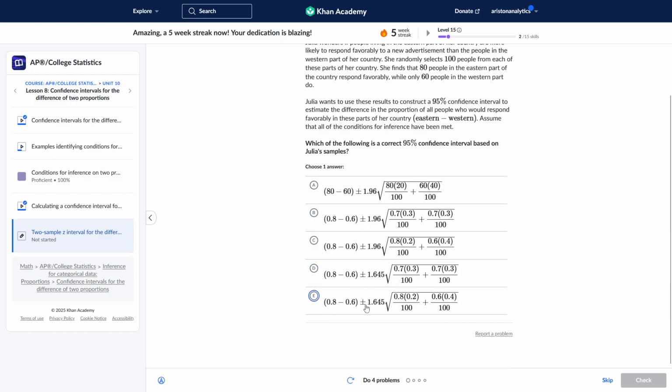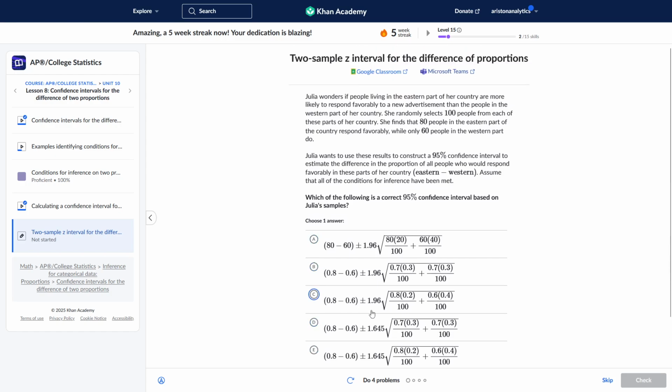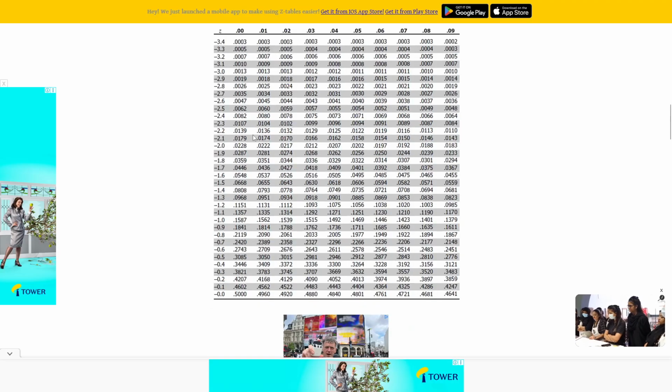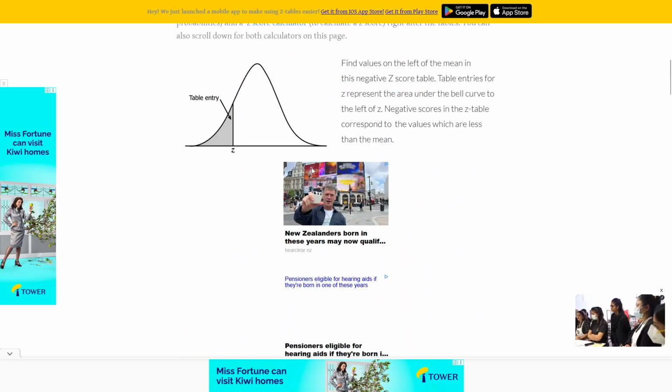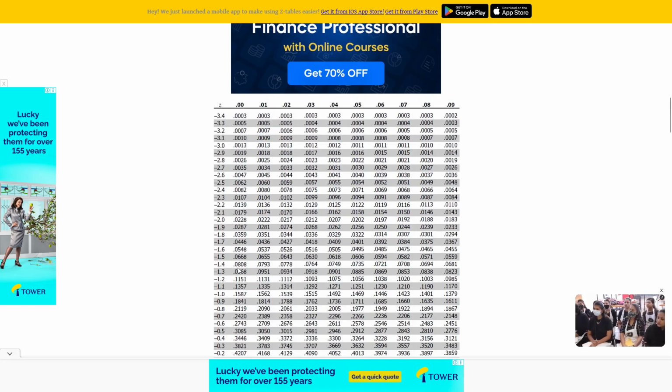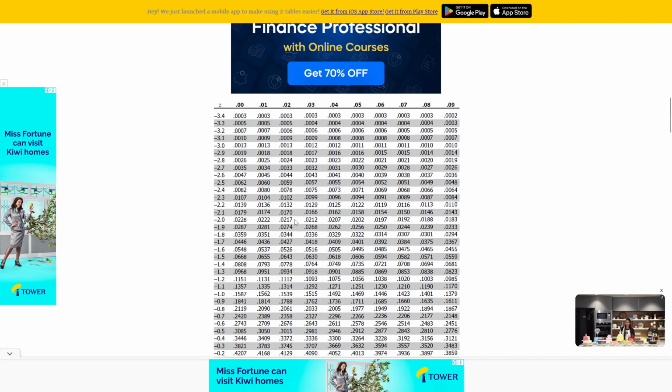Okay, so it's one of these. 95% confidence. It's 2.5% on each side. So 0.025.